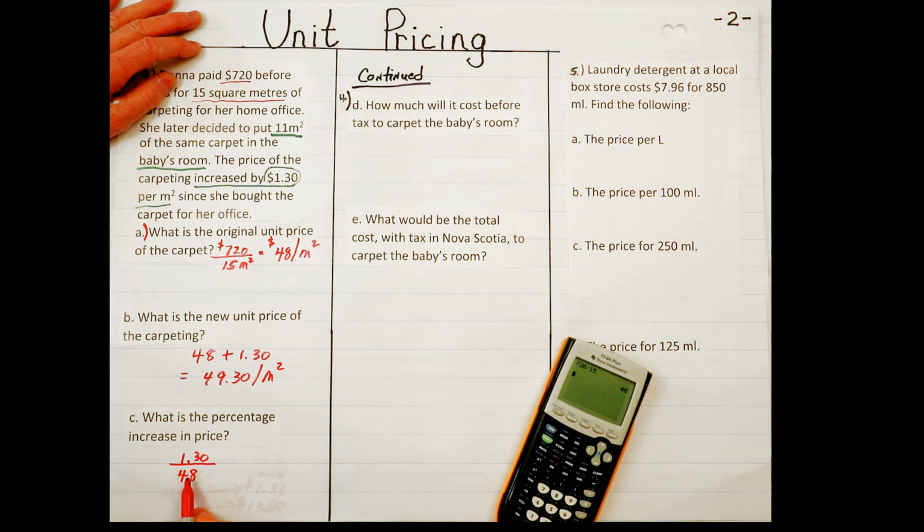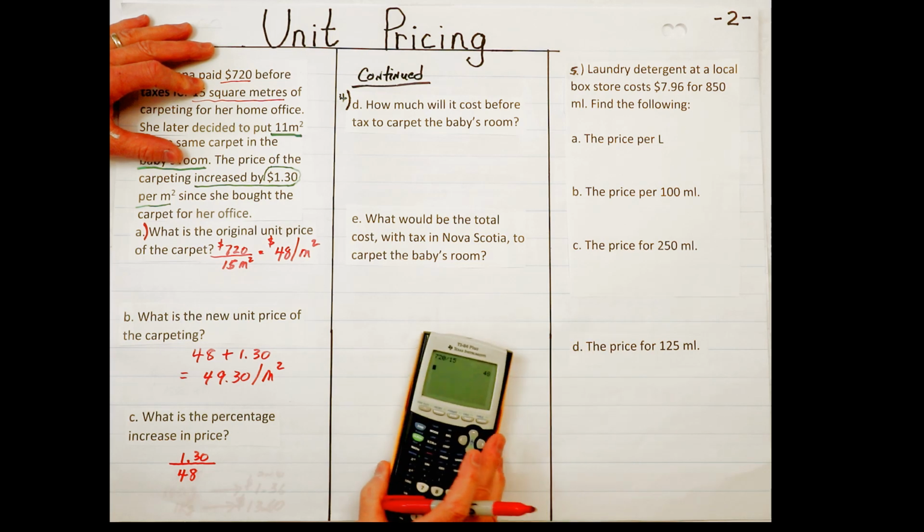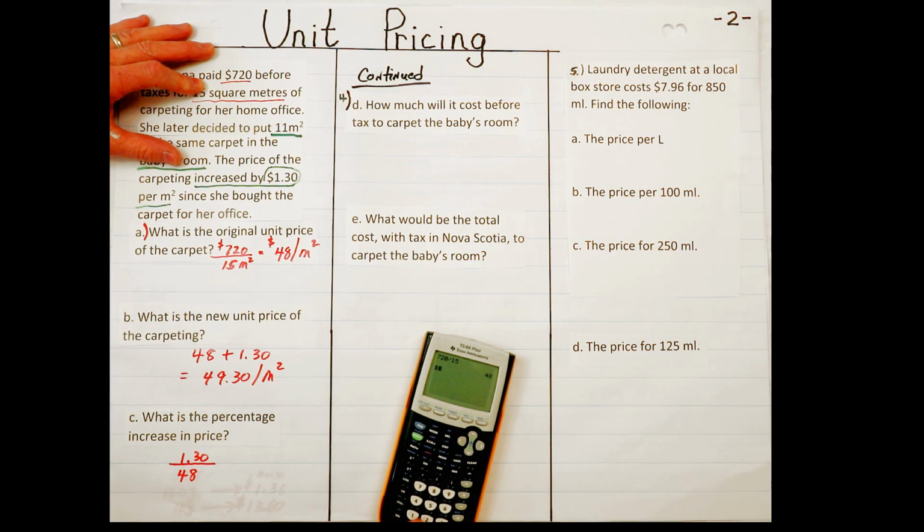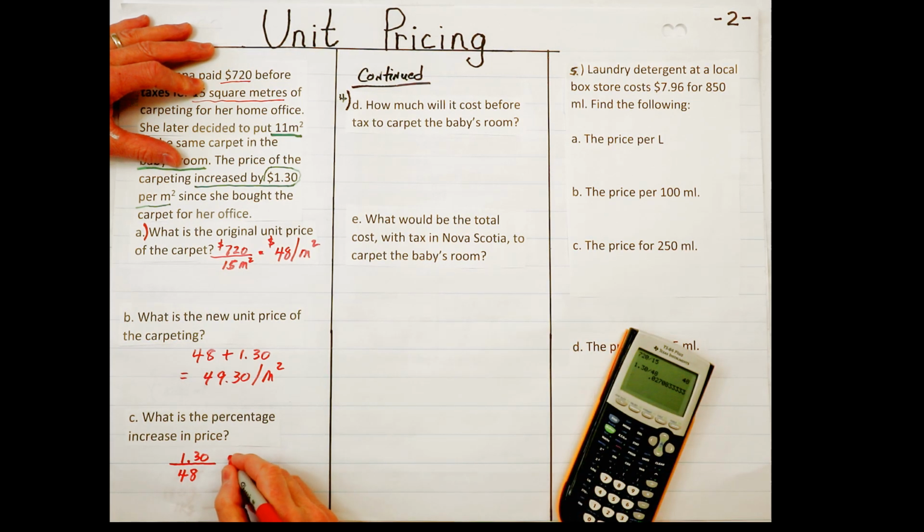And you use the original price. You don't use $49.30 because the price increase is based on $48. So we have $1.30 divided by 48, and that's 2.7% increase.